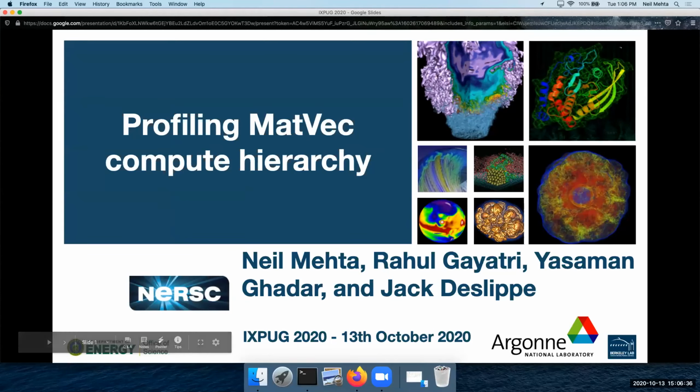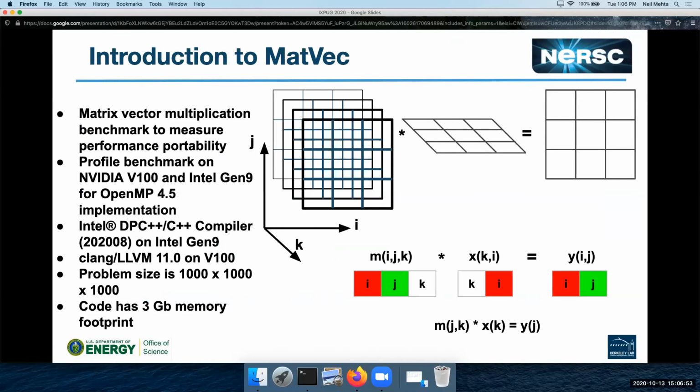I'm Neil Mehta, and I'll be presenting our experience in profiling MatVec using OpenMP Offload on Intel Gen9 and comparing its performance with a Volta V100. Just to begin, MatVec is a benchmark designed very simply to do a single task, which is to multiply a matrix with a vector and generate a vector.